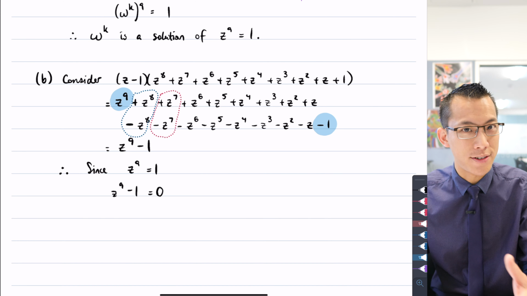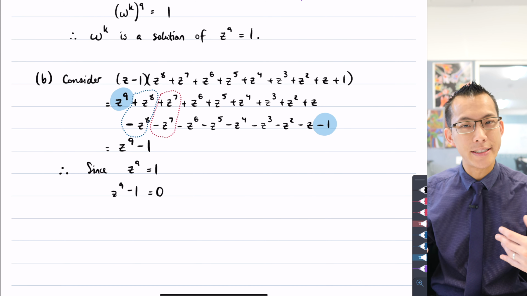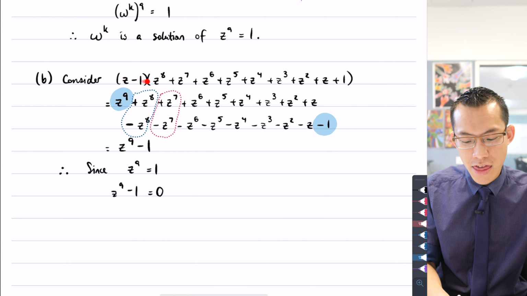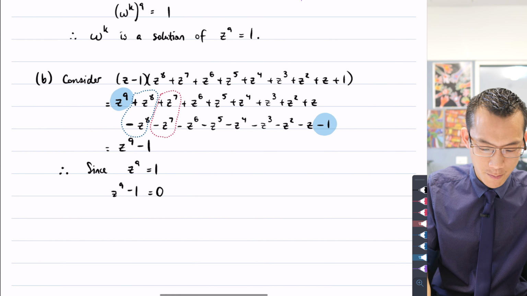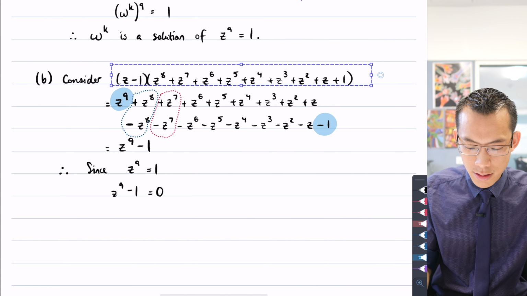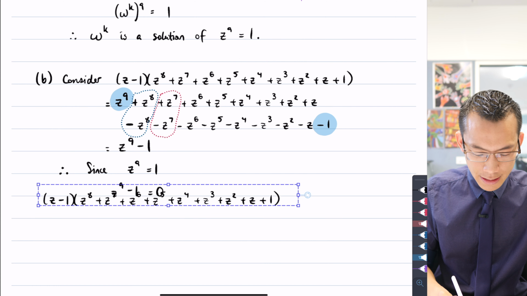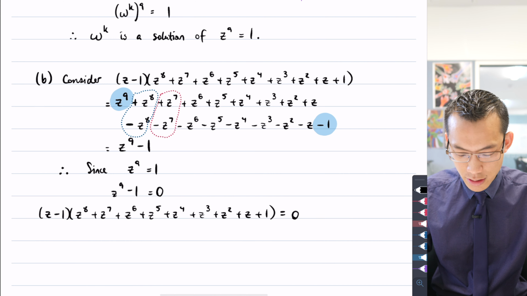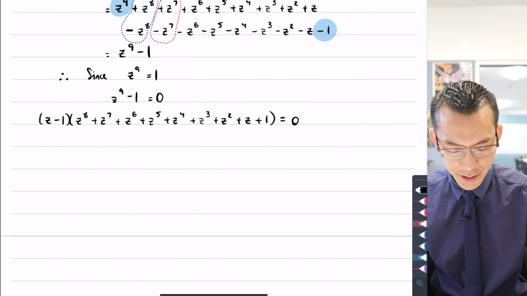But I just found an alternative way to write z to the 9 minus 1. I just showed that z to the 9 minus 1 is equal to this factorization here, right? So I'm going to substitute this for my z to the 9 minus 1. So that equals 0. This is my new left-hand side.